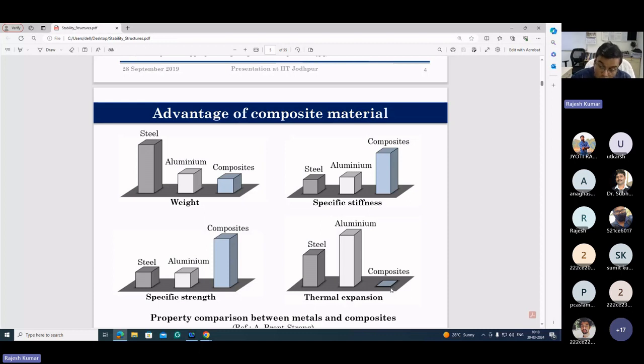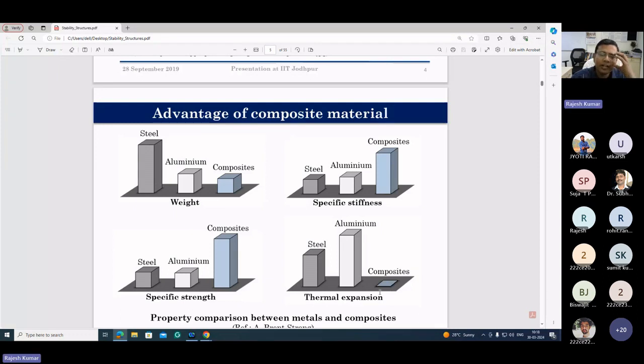If thermal expansion would be more, then what will happen? The compressive stress will develop more. When I'm going to use composites in aircraft structures, due to solar radiation, the stresses which develop within those panels will be less compared to steels. And when the stresses will be less, then there is less chance for a stability loss.